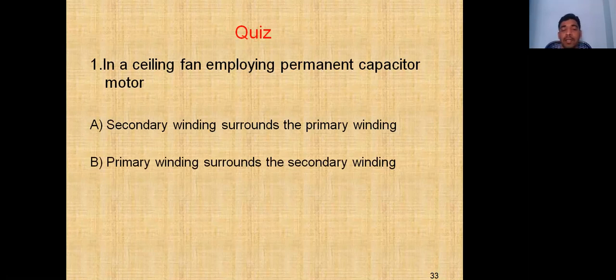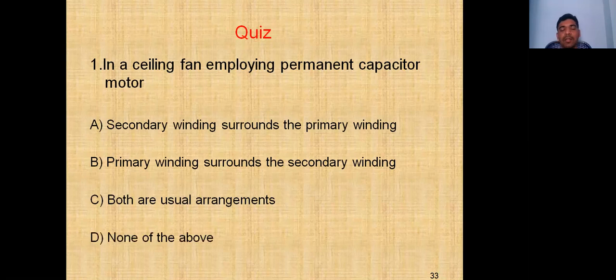Option B: primary winding surrounds the secondary winding. Option C: both are usual arrangements. Option D: none of the above.